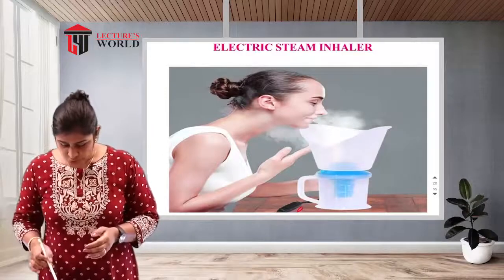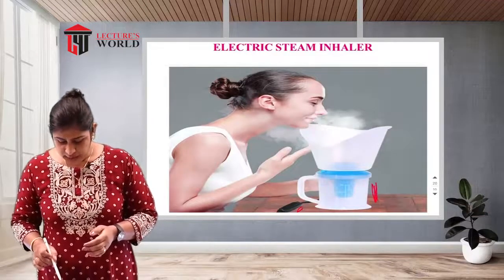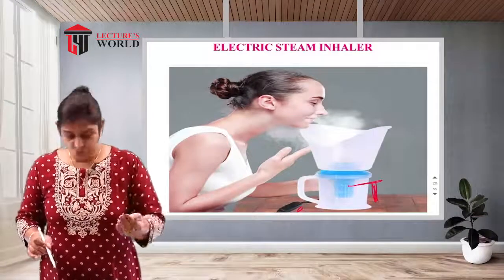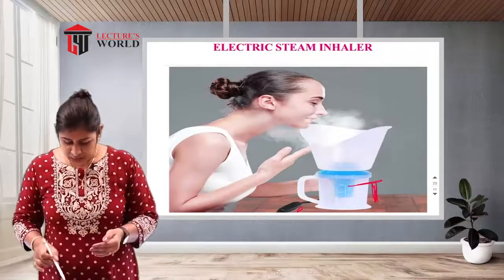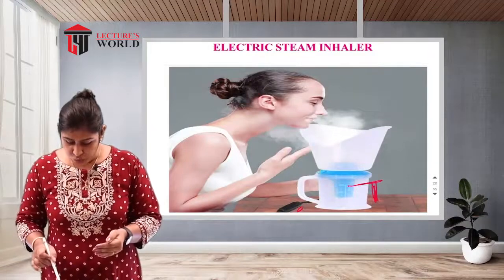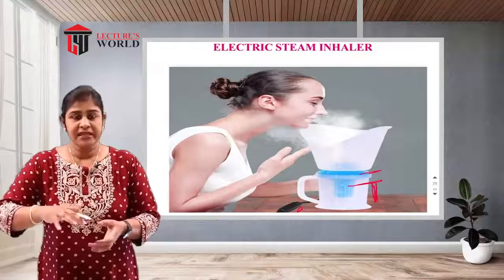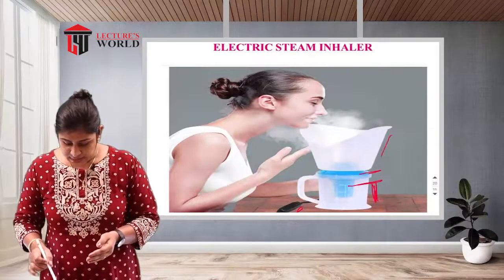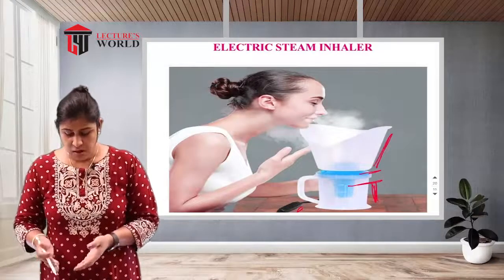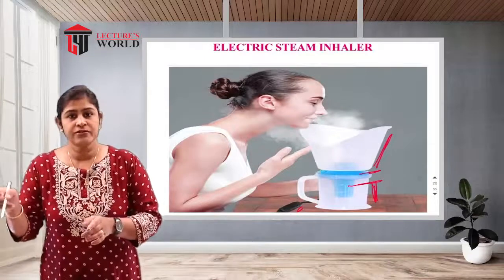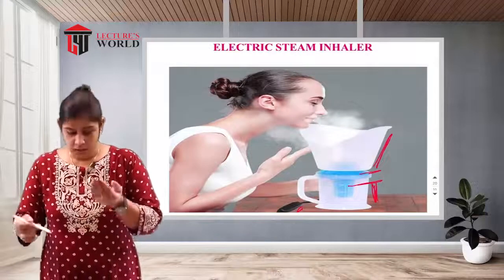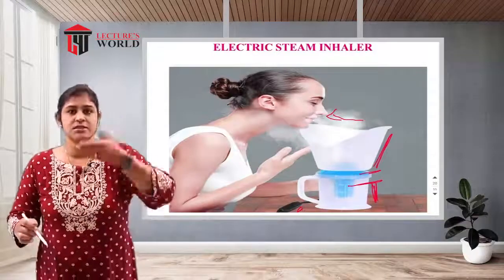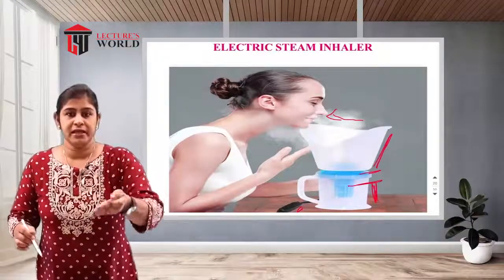The jar is to be filled with water up to the marking given, and then it is closed with this blue spout, which is rotated and closed. When we switch on the electric socket point, the vapor comes from here and goes inside the patient's nose, that is inhalation.